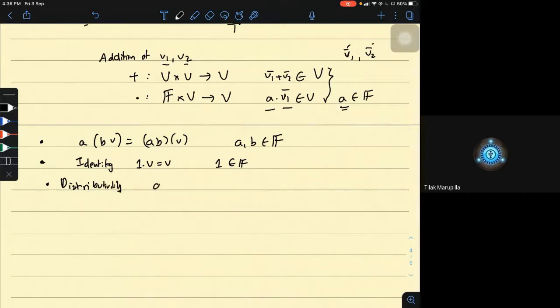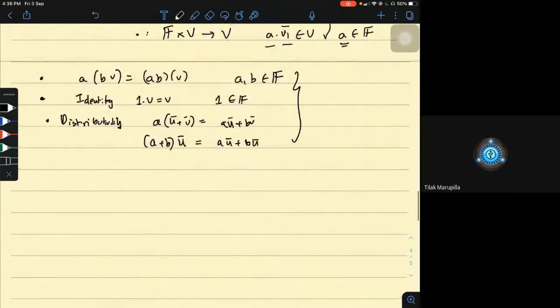It is a times (u plus v) is au plus av. And another one is (a plus b) times v. So this basically gives us the interplay between the scalars and vectors. Apart from this, we will have the associativity, commutativity, identity, and inverse axioms.